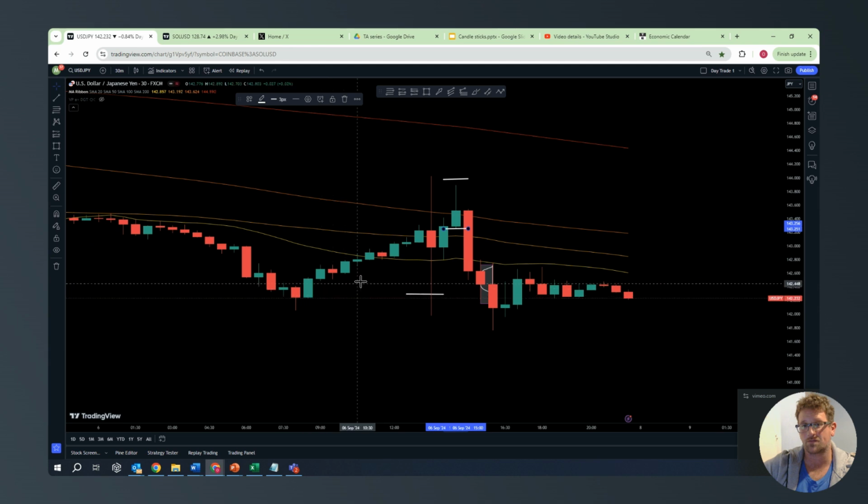So this was just a small rally up on a smaller time frame as part of a much bigger picture, which then pushed the price back down, and the bears took control again, and pushed the price down lower.